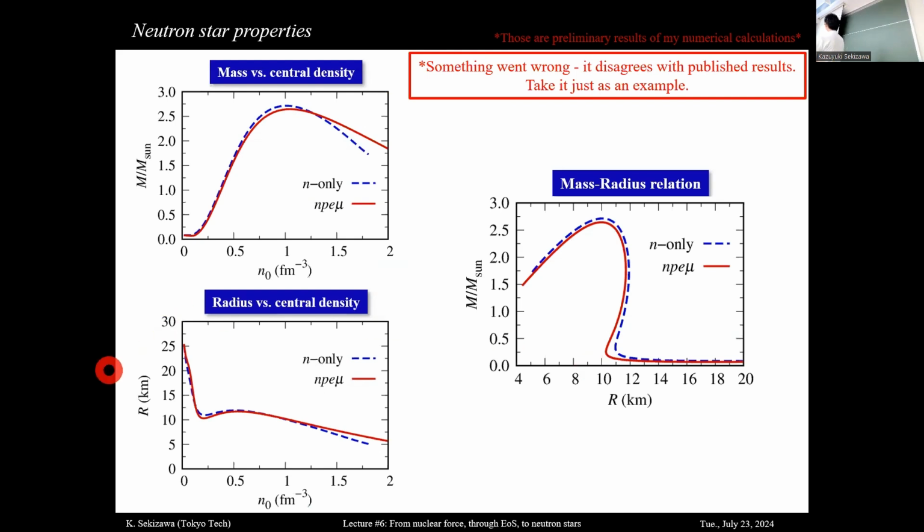In this way, you can calculate the mass-radius relation. I didn't update those calculations, and those are some preliminary results. But more or less, it is what we can obtain using some Skyrme-type energy density function.